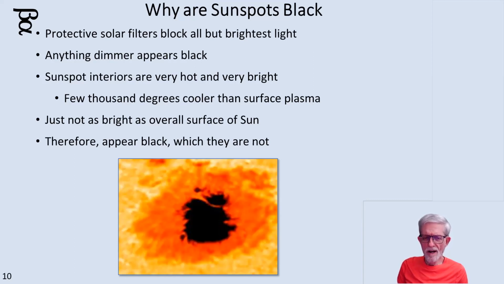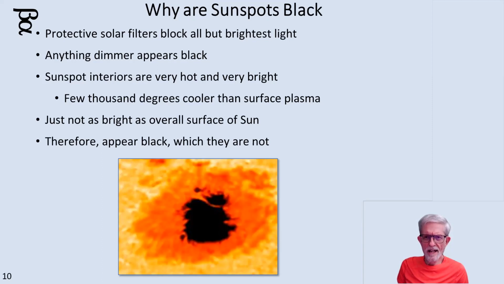So while sunspots may not be the brightest part of the sun, they're still very, very bright, very hot, just not bright enough to cross that threshold. So instead of appearing bright on the sun, which would make them difficult to see, they appear dark on the sun. And they're maybe a few thousand degrees cooler than the surface plasma, but they're just not bright enough. Therefore, they're black. Well, they appear black, but they're not.